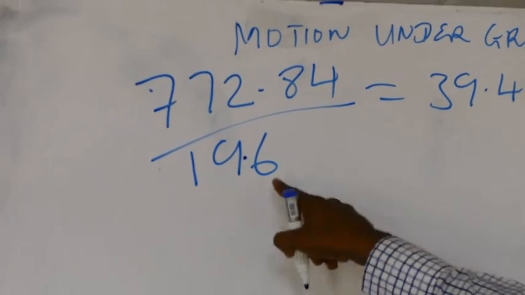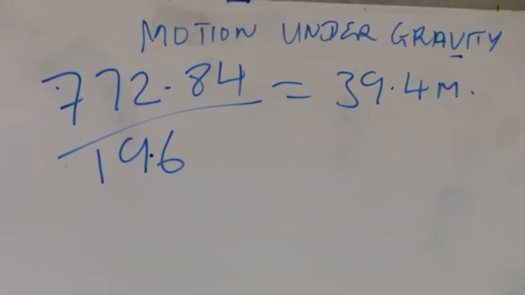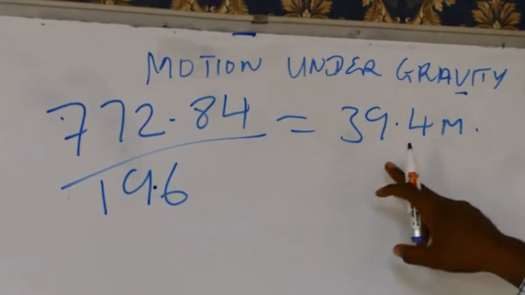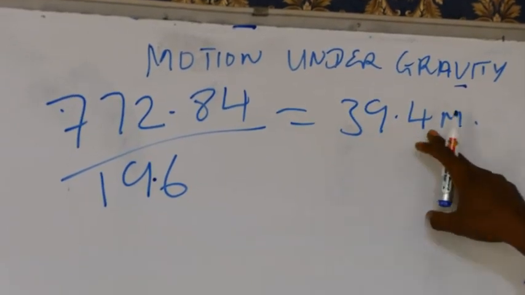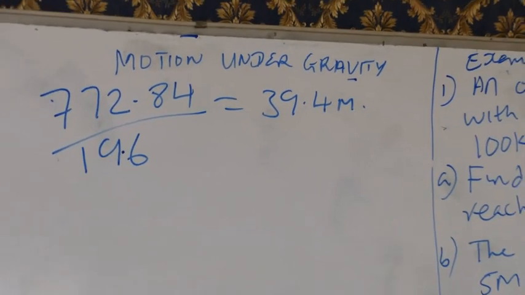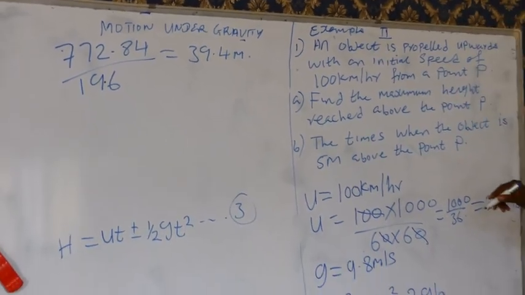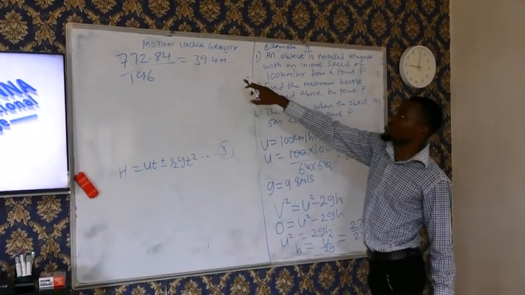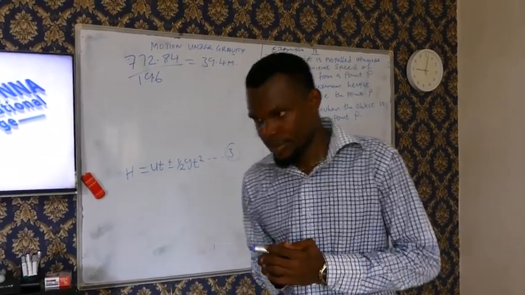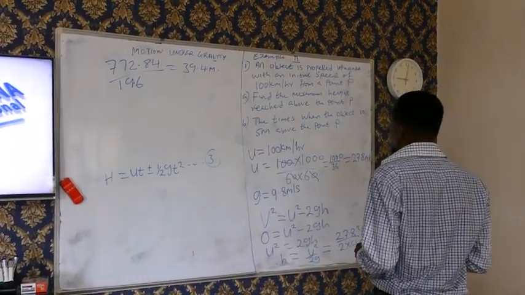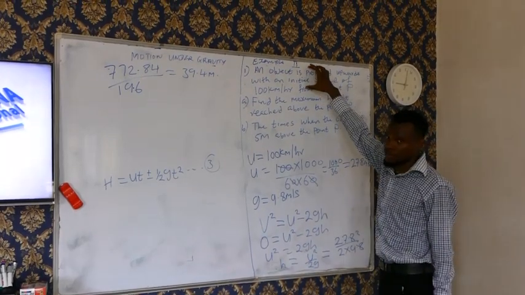Beg your pardon, 19.6. If you do this division, you will get 39.4 meters. That means that the maximum height reached above point P is 39.4 meters. That is the maximum height according to the information given.